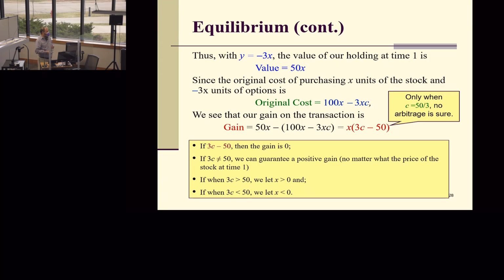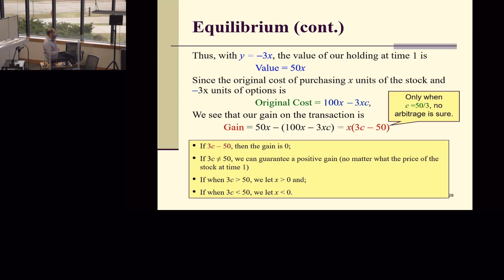But we want this gain or profit to always be greater than 0, correct? So it depends on this number, 3c minus 50. If 3c is not equal to 50, boom, I can make money. The only time I'm not making money is when 3c equals 50. Make sense? We did it last time.